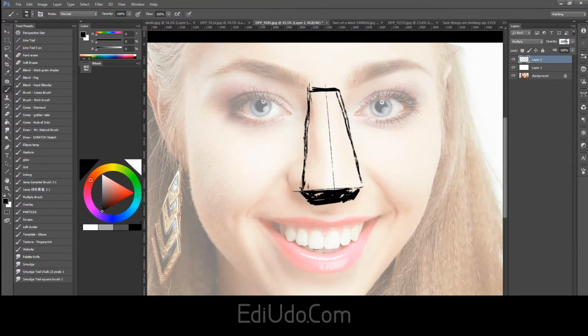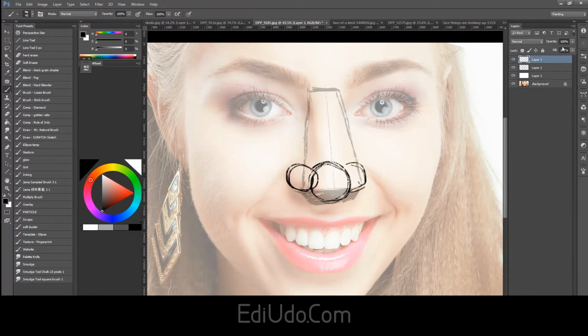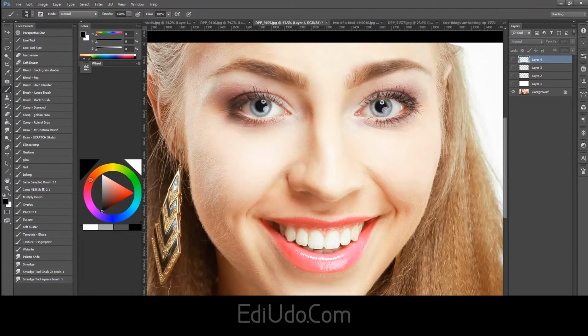And then again I'll attach those balls, 1, 2, 3, and then connect those nostrils underneath. So once again, you can see how the ball is there, another ball there, and then connect.